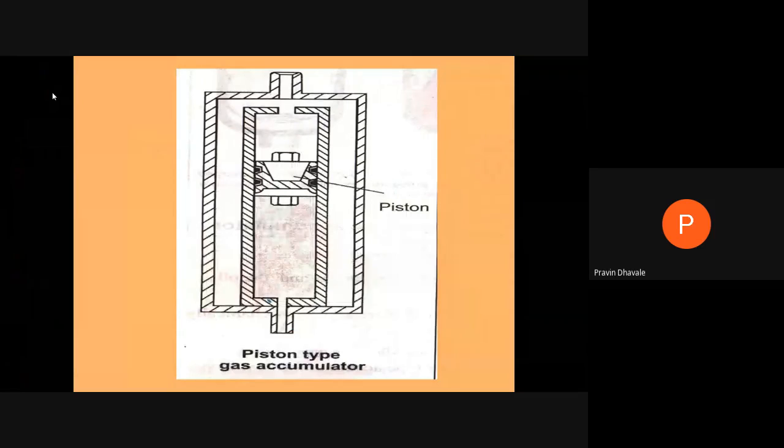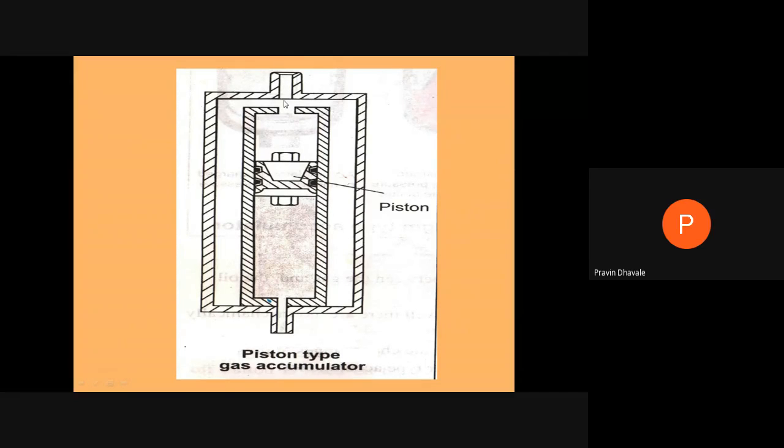Okay. Now, this is a piston type gas loaded accumulator, right? If you are considering its construction, there are two cylinders. This one is the inner cylinder, which is provided with a piston, and another cylinder includes this inner cylinder. What provision is there?